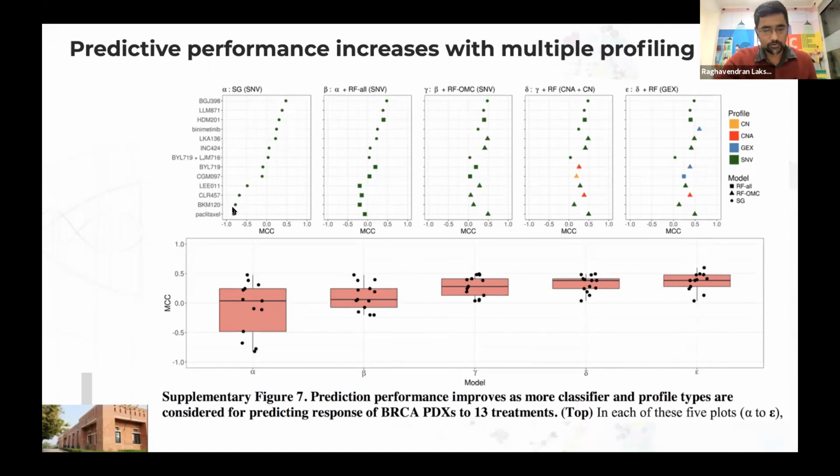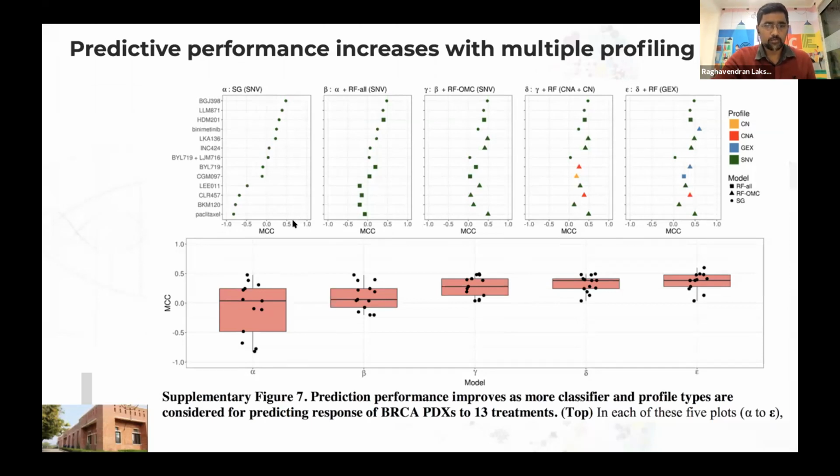Before that, I want to introduce you to the measure with which we assess the machine learning models' accuracy levels. This is Matthews correlation coefficient, where an accuracy of 1 would mean perfect accuracy, like all the test data are perfectly identified or predicted to be how they responded to the treatment.